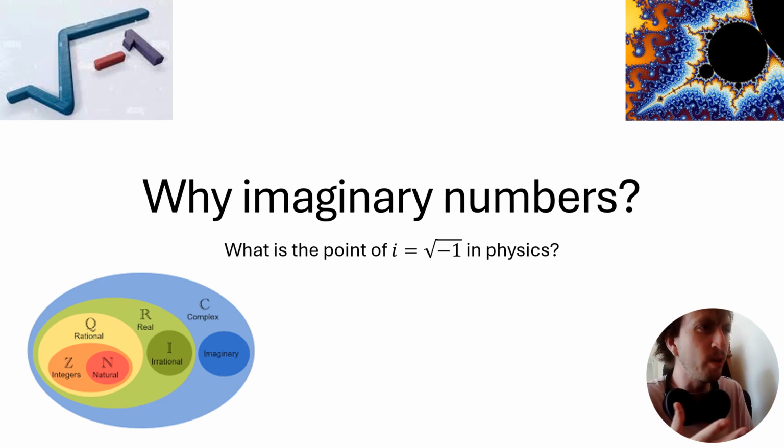So why bother with imaginary numbers if the value for all physical observables are real numbers? Why bother with imaginary numbers at all?